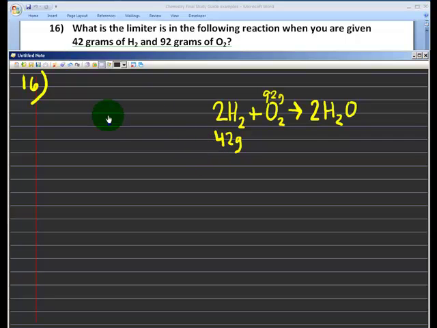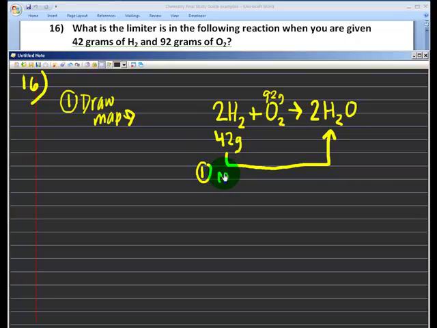Now, step 1 tells you to draw the map. So I'm going to draw the map right now. I have H2 and I want to know how much H2O I'm going to produce. And what is step 1 always? Step 1 always is convert to moles of H2.